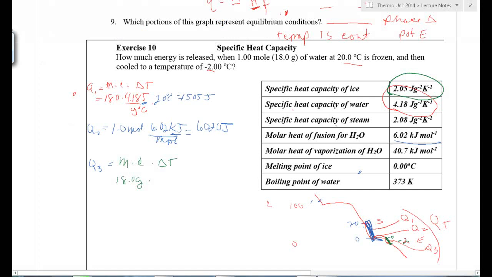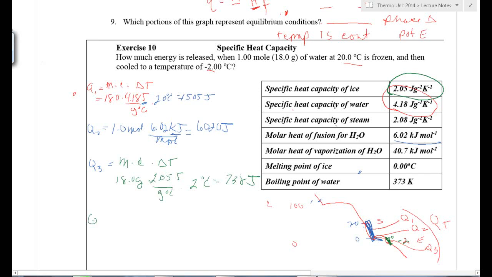The specific heat is going to vary depending on whether you're talking about a solid or a liquid. So I have to use this 2.05 joules per gram degrees C. And my change in temperature down here is just this 0 to 2, so it's 2 degrees C. I'm going to get joules in my answer, so this will be 738 joules.